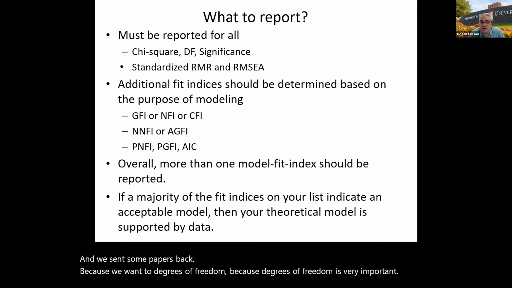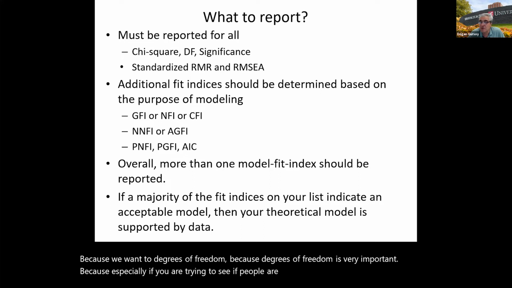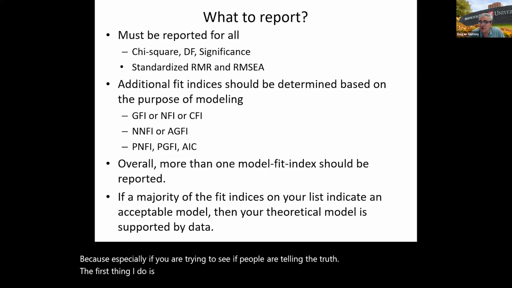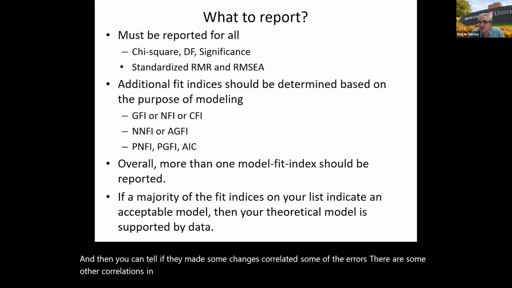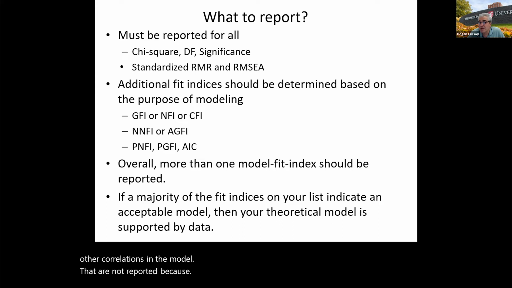Because especially if you are trying to see if people are telling the truth, the first thing I do is I look at the degrees of freedom in their measurement model, and then degrees of freedom in their structural model. And then you can tell if they made some changes, correlated some of the errors. There are some other correlations in the model that are not reported, because measurement model is supposed to have the highest degrees of freedom, yes?